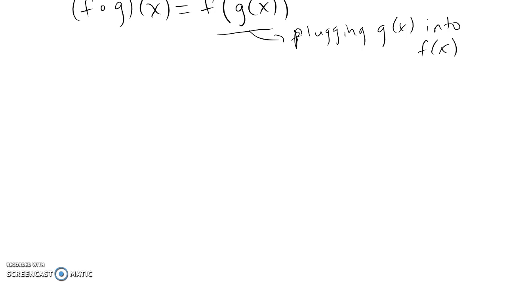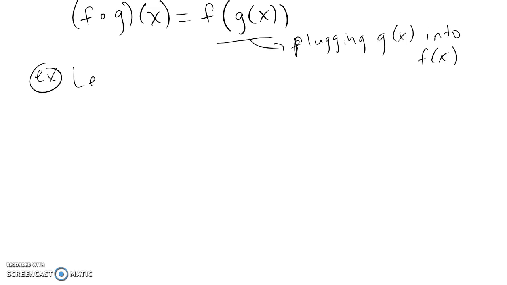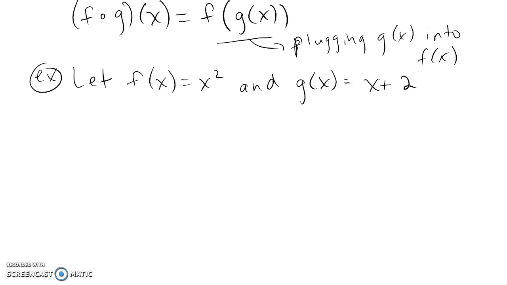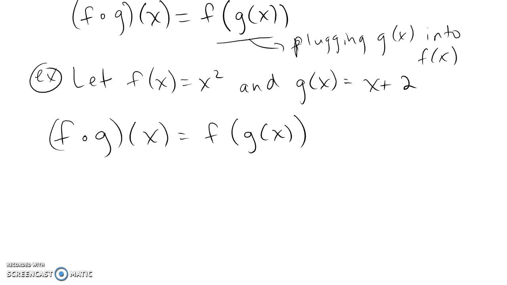Okay, let's look at an example. We're going to let f of x equal x squared and g of x equal x plus 2. All right. The function f of g of x is the same thing as taking g of x and plugging it into f everywhere there's an x. So I'm going to write a little interim step. We're going to say f of g of x is the same thing as f of x plus 2.